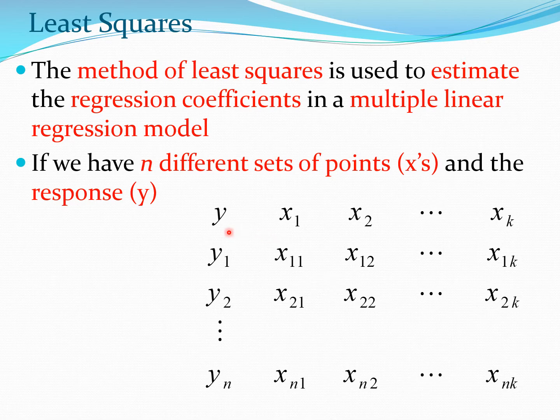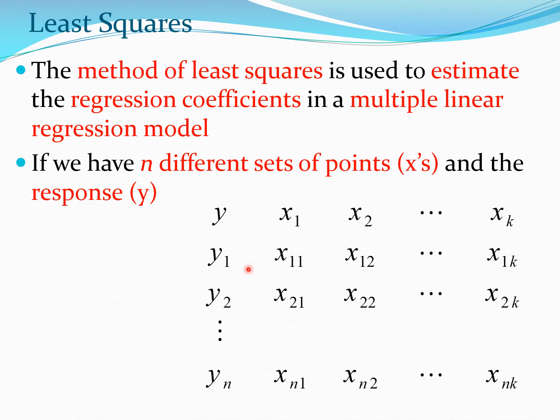And then there is the point y which comes out of the model or the computational code or the experiment, as the case may be. And essentially now we run these experiments or run these simulations at these points x1 to xk and get an output y. And we do that n number of times.